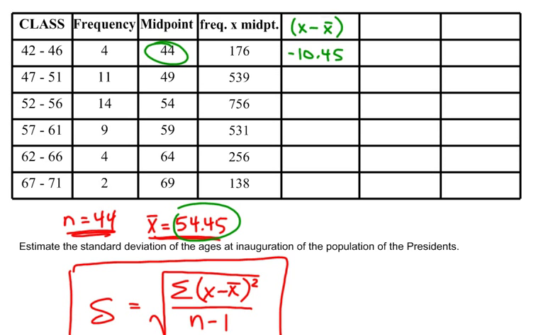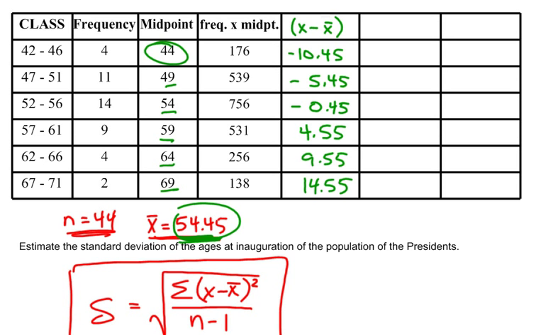We do it again, 49 minus 54.45, that's negative 5.45. 54 minus 54.45 gives us negative 0.45. 59 minus 54.45 is 4.55. 64 minus 54.45 would be 9.55. And 69 minus 54.45 would be 14.55.